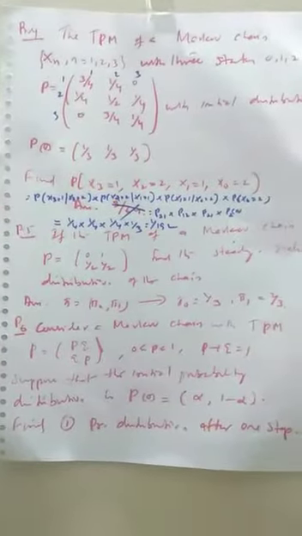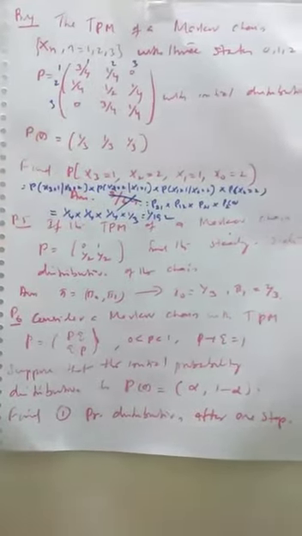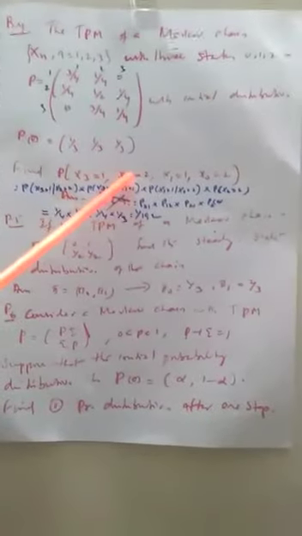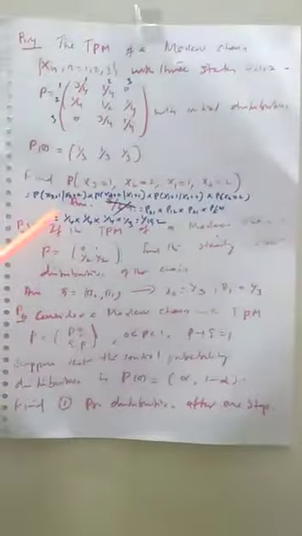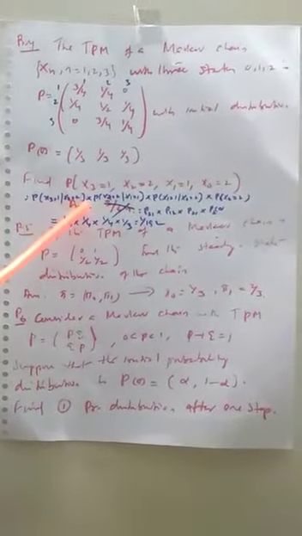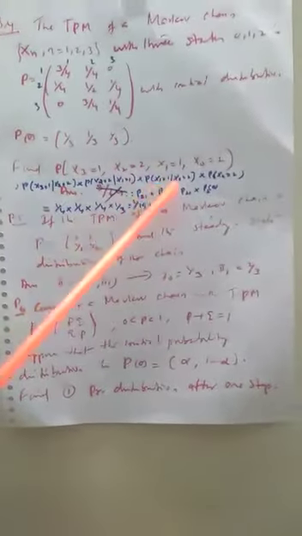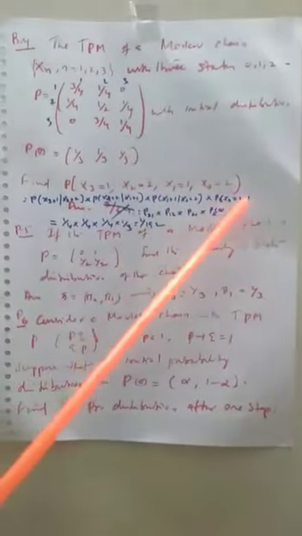Now, in this problem, we can apply the Markovian property. You can write the probability of x3 equal to 1, x2 equal to 2, x1 equal to 1, x0 equal to 2 as probability of x3 equal to 1 given x2 equal to 2, into probability of x2 equal to 2 given x1 equal to 1, into probability of x1 equal to 1 given x0 equal to 2, into probability of x0 equal to 2.